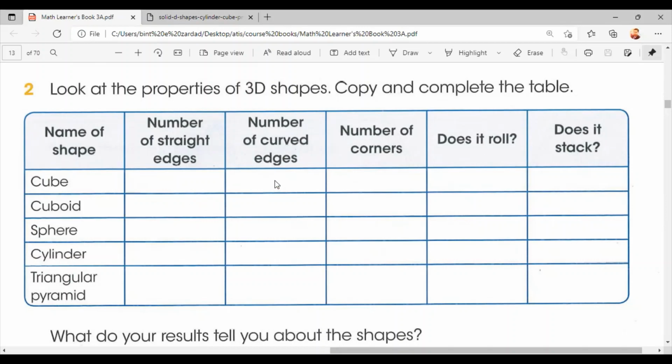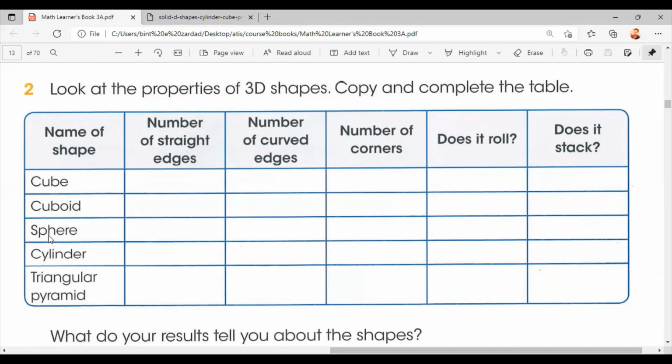There is not any curved face in cube, even in cuboid. So 0, 0. What about number of corners? Both cube and cuboid have 8 corners. Does it roll? No. Does it stick? Yeah, both of them stick.